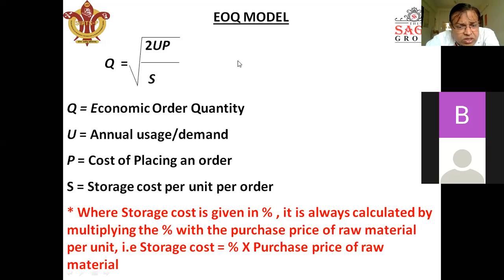Wherever storage cost is given in percent, it is always calculated by multiplying the percentage with the purchase price of raw material per unit. So you can find out the storage cost per unit.